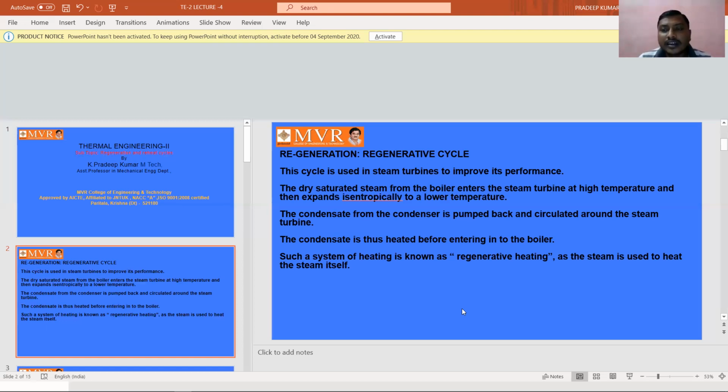From the condenser it directly enters the pump, and through the pump it enters again into the boiler and the recirculation is done here.